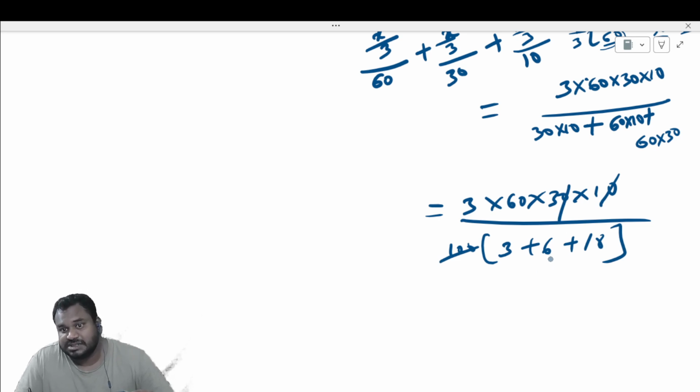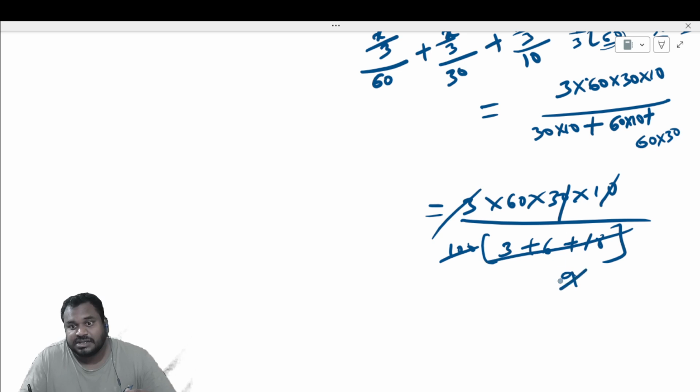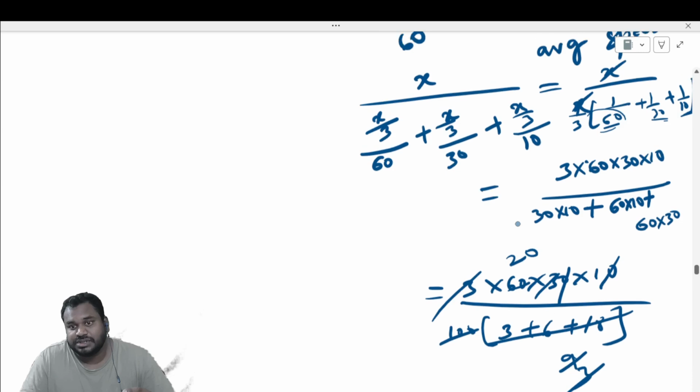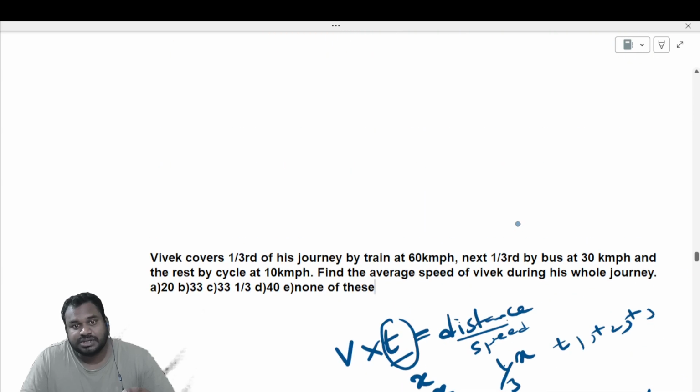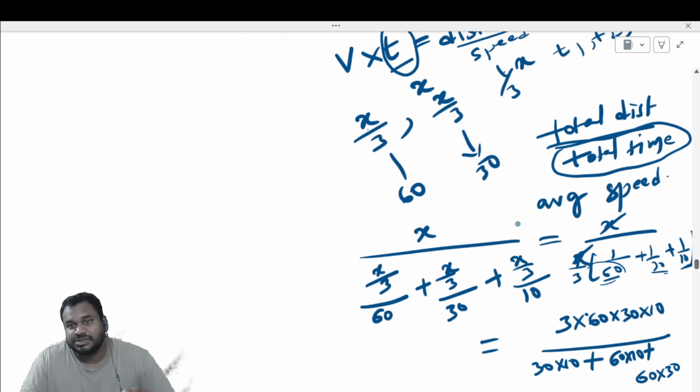Now 3 plus 6 is 9, and 9 plus 18 is 27. So 27 divided into the numerator: 3 nines, 3 threes, 3 twos, 20. So 20 is the answer.